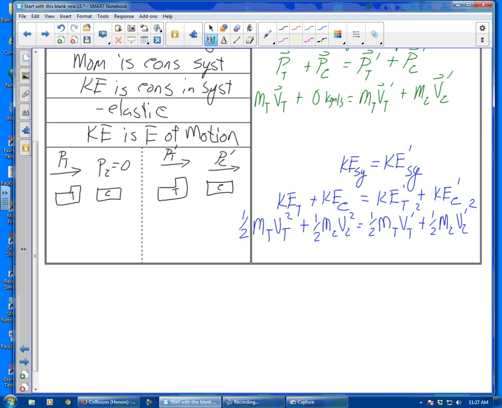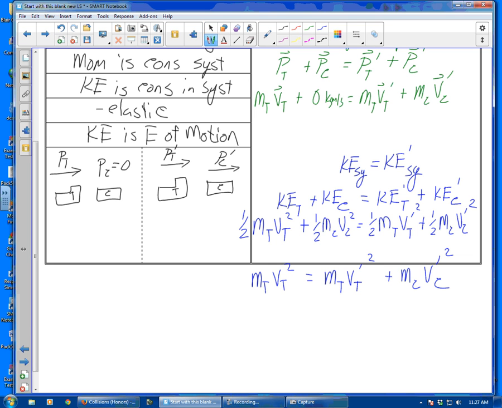Once you cancel everything out, you're left with inertia of the truck, speed of the truck squared equals inertia of the truck, the new speed of the truck squared, plus inertia of the car, the new speed of the car squared. You end up with the same two unknowns, so mathematically you have two equations with the same two unknowns, therefore you can solve it.